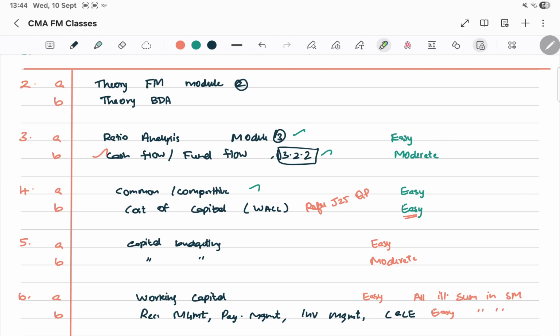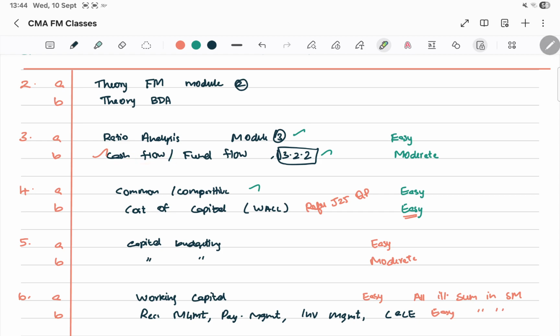If you want to score more than 60 or 70, you should make sure you complete the ratio analysis chapter. And in 3B, from module 3, you will have cash flow or fund flow, or 3.222, which is your financial scores. From these 3 topics you will get any 1 question. This question may be moderate.